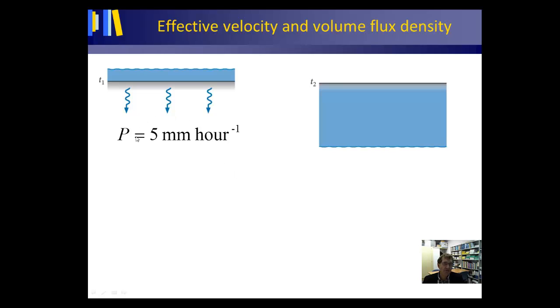So we have 5 millimeters of rainfall in an hour, and you can think of that 5 millimeters of rainfall as a layer on top of your land surface, which is infiltrating into the pore space of your subsoil. The question is, how deep will the water infiltrate into this 100% dry soil? Well, let me ask you, will it be 5 millimeters? Or will it be less? Or will it be more than 5 millimeters?